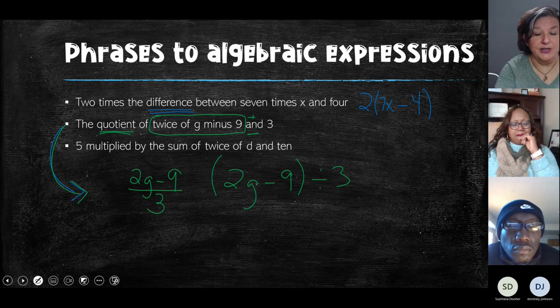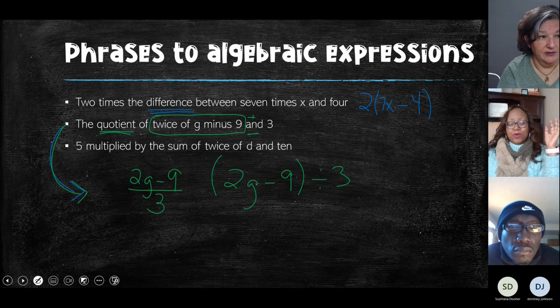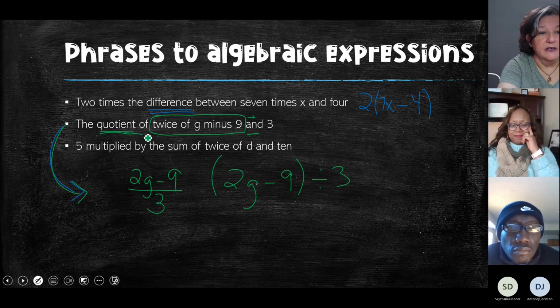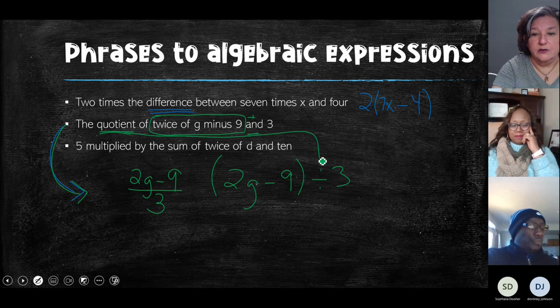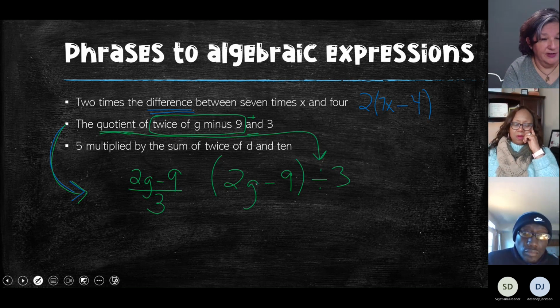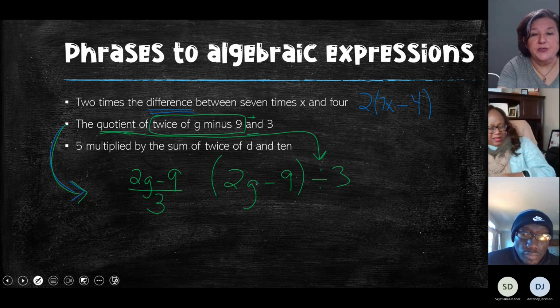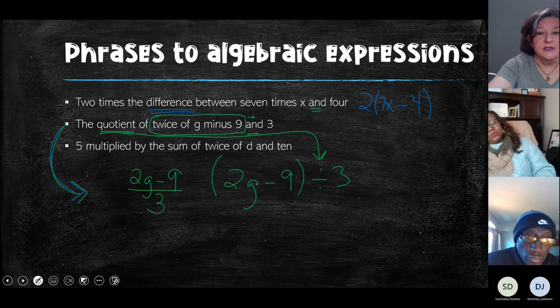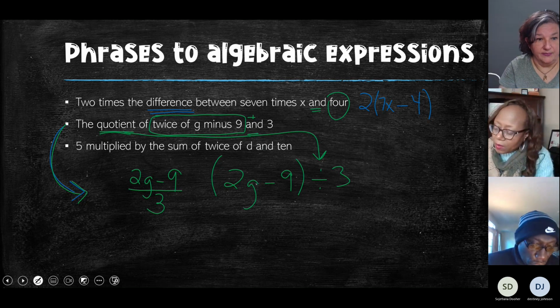So it's not 9 divided by 3. It's that whole quantity divided by 3. And in a sense, those brackets could represent the word and. The word quotient is what triggers division. So the and, in both cases, is telling you that this number is the second part of the expression.